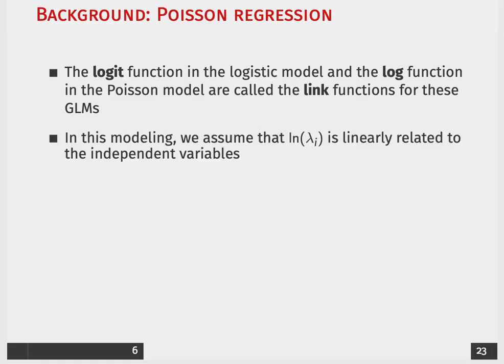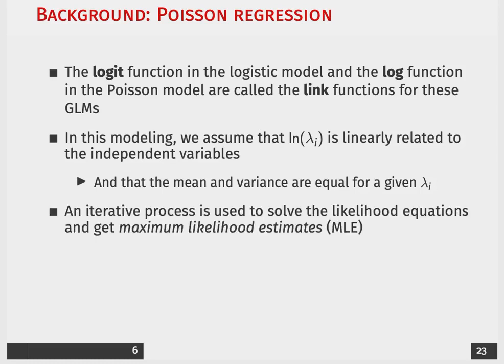So in this modeling, we are assuming for the Poisson model that the log of this lambda parameter is linearly related to the independent variables. And that means that the mean and variance are equal for any given value of this lambda.